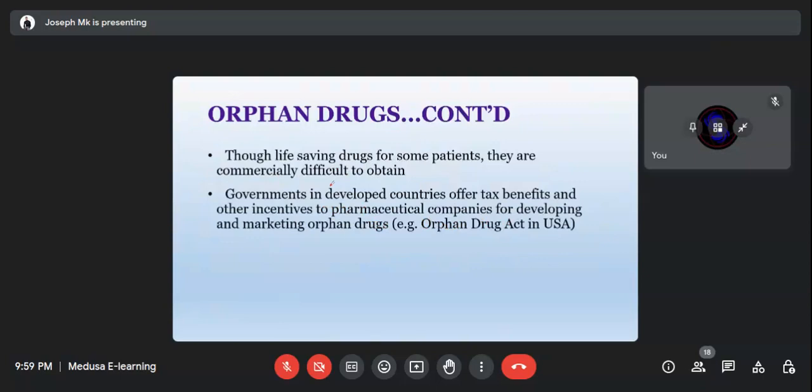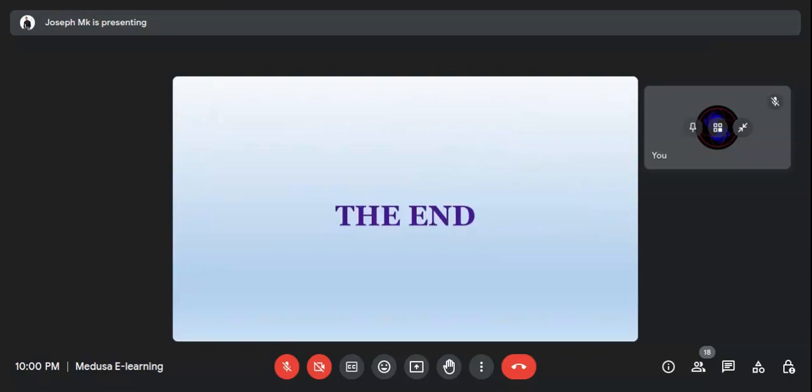These orphan drugs are rarely produced by manufacturers because they are not profitable, unless the government comes in to say, okay, we are going to pump in money, can you manufacture such a drug, because in case we have such a condition. Otherwise, these orphan drugs do not give profits to the manufacturers. I hope that is very clear.